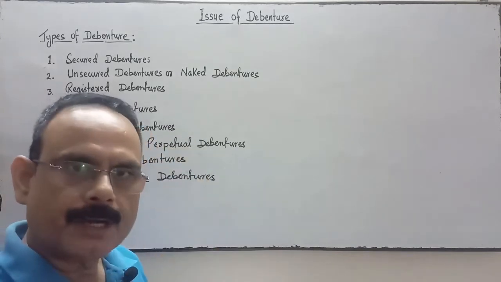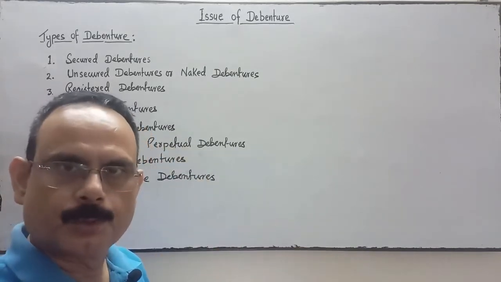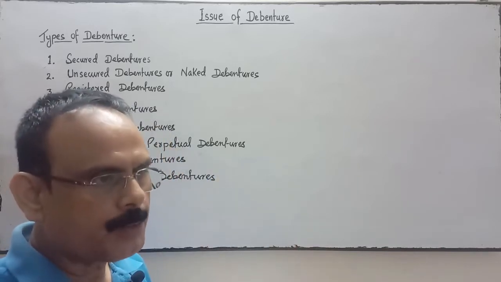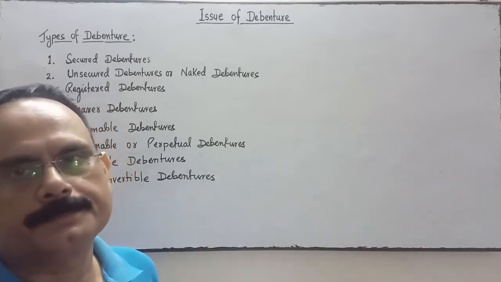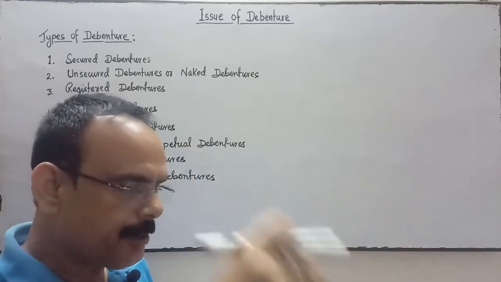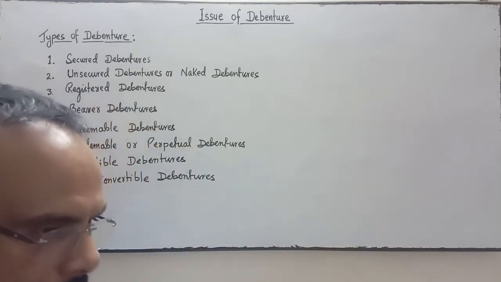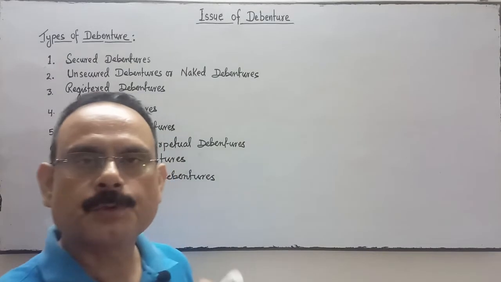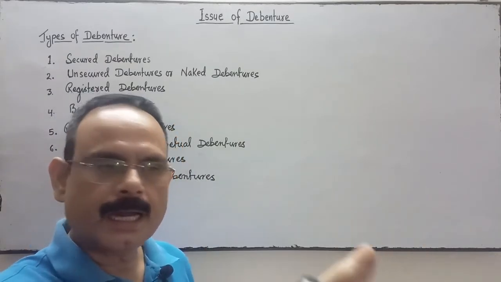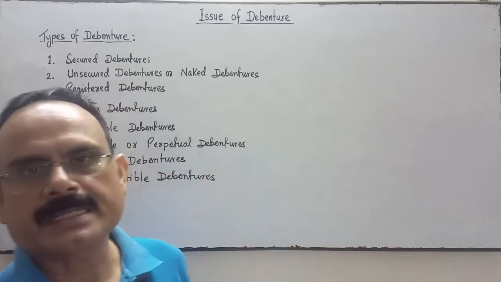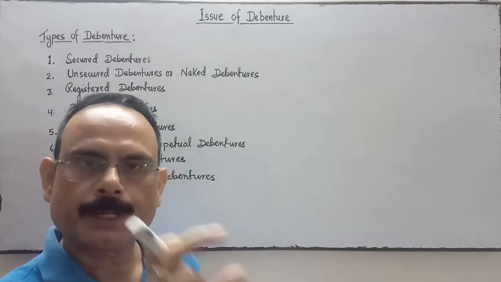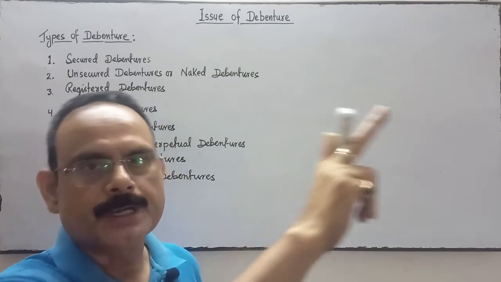The security given to the debenture holder, that asset will be sold and the money will be paid to the debenture holder. Suppose the company is going to liquidate. On the date of liquidation, when the company is going to wind up, that asset will be sold, and whatever amount is realized by the sale of that asset, the first amount will be repaid by the company to the secured debenture holder.